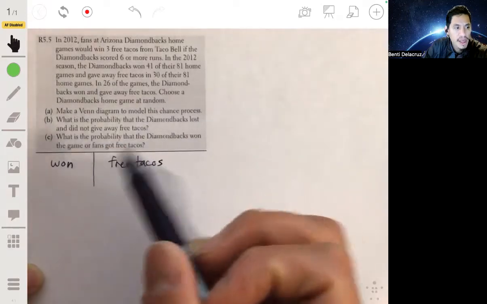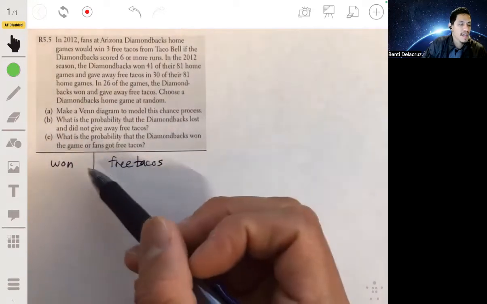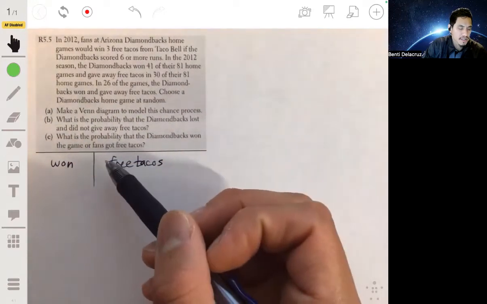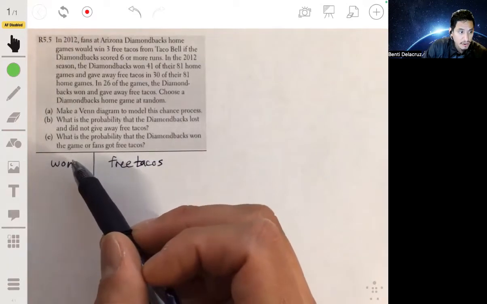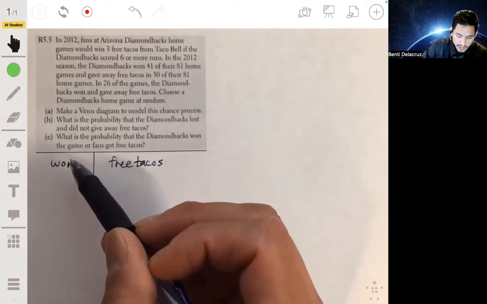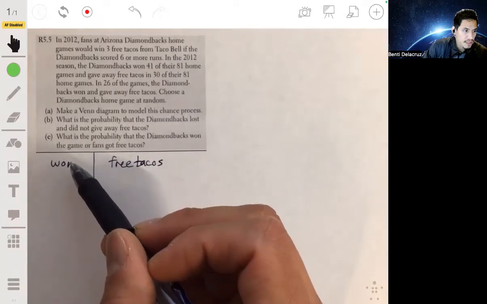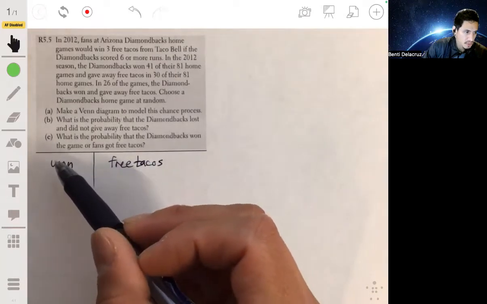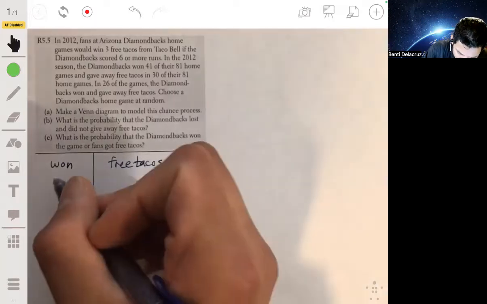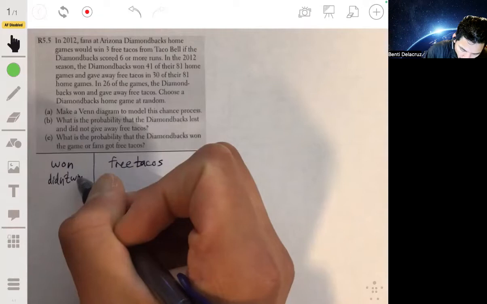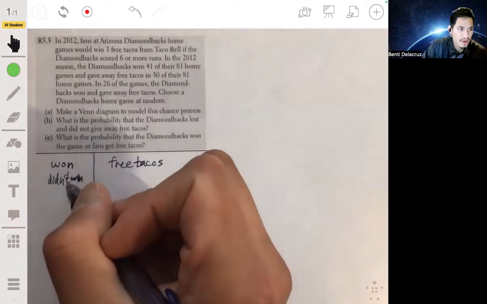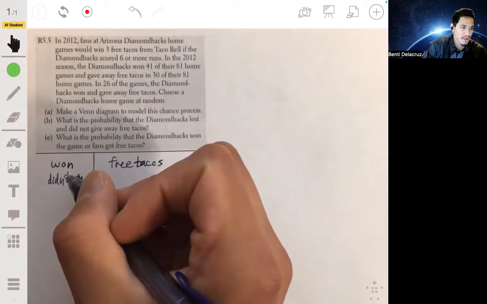Now, what's my point? Look at these in terms of their opposites, because theoretically the whole world can be broken into 2 events. Either the Diamondbacks won or they didn't win. We don't care exactly if they won by 10 points or lost by 10 points or tied.